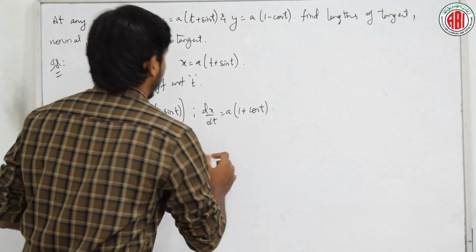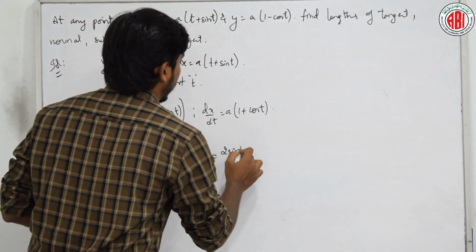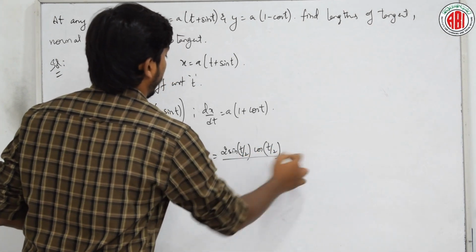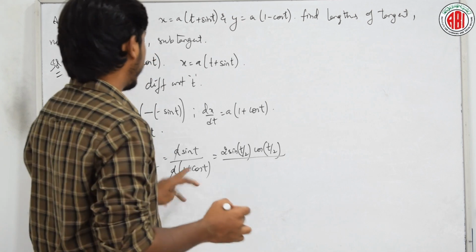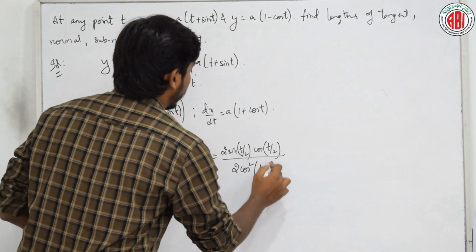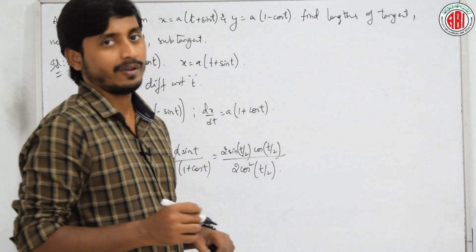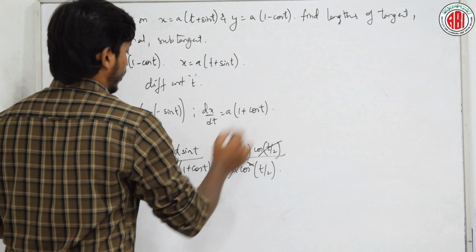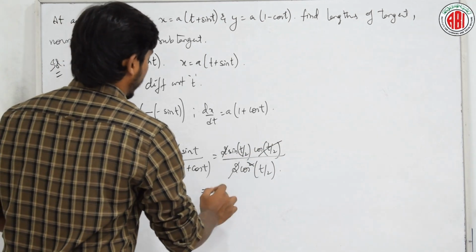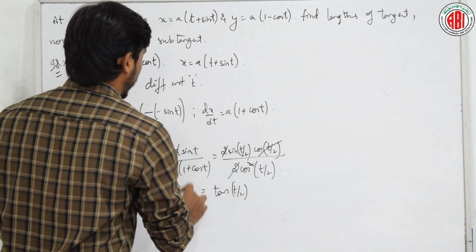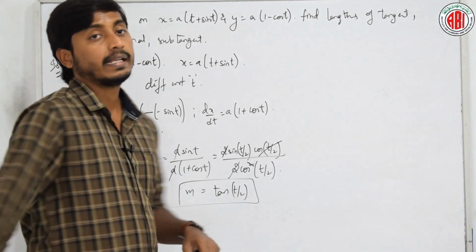Sin t can be written as 2 sin t by 2 into cos t by 2, and 1 plus cos t can be written as 2 cos square t by 2. Here the 2s will get cancelled, and one cos and one cos will get cancelled. I will get sin by cos, tan t by 2. This is my m. Clear?